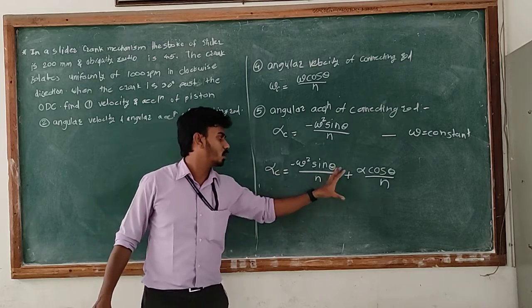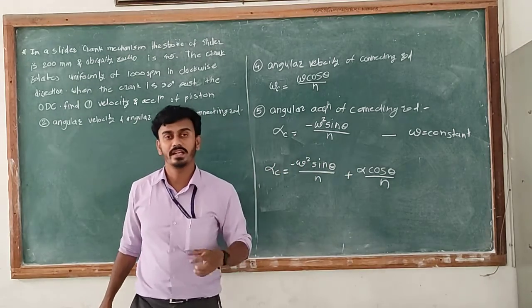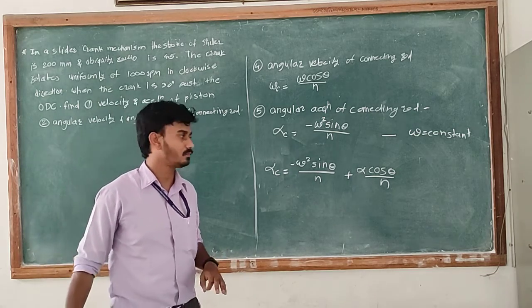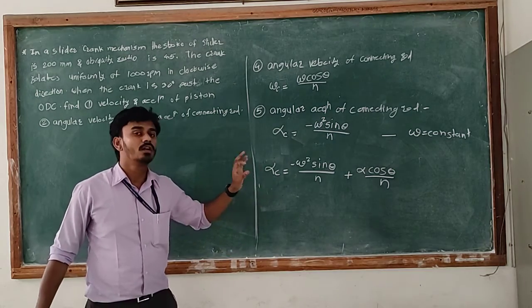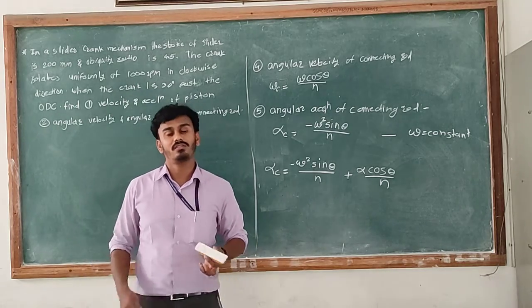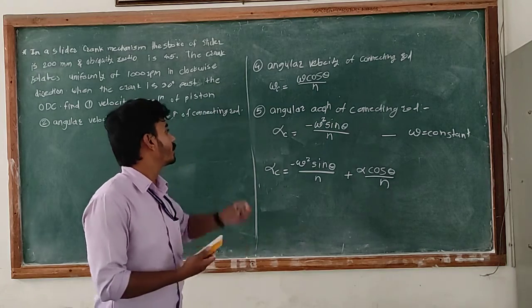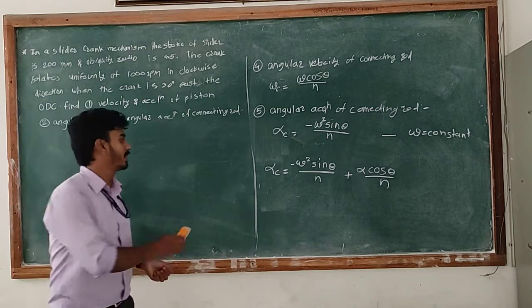This is the formula to find the angular acceleration of the connecting rod when the angular velocity of the crank is not uniform. By using these formulas we will solve some numericals.